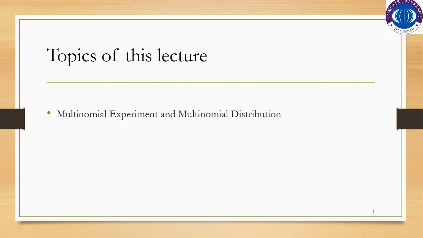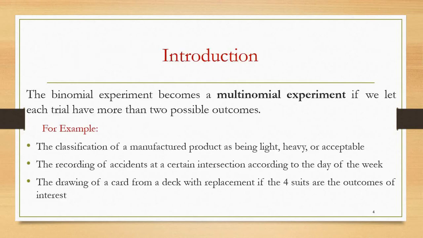The topic of today's lecture is multinomial experiment and multinomial distribution. The binomial experiment becomes a multinomial experiment if we let each trial have more than two possible outcomes. As you know, binomial distribution has two possible outcomes, which we classified as success and failure.